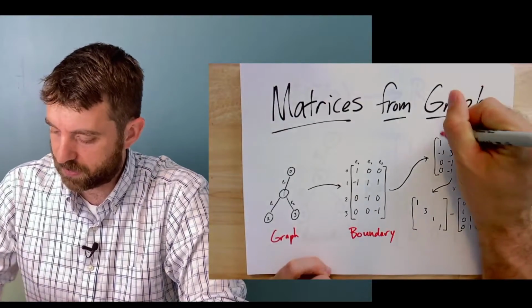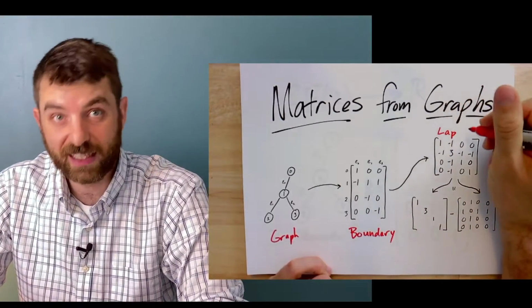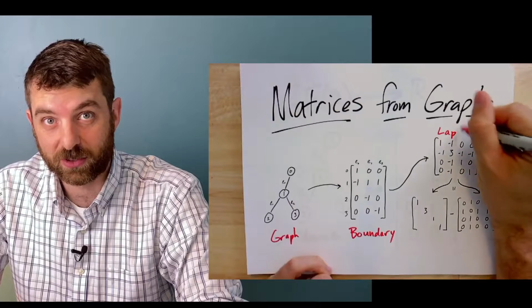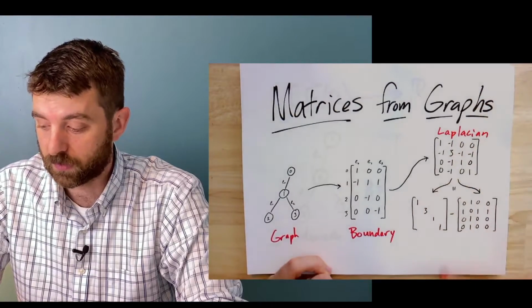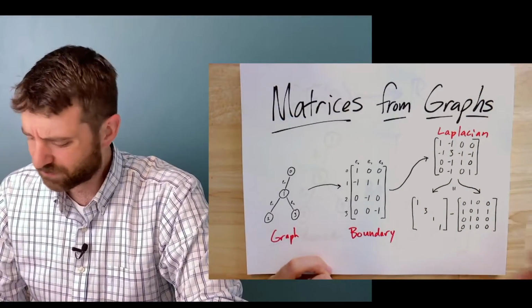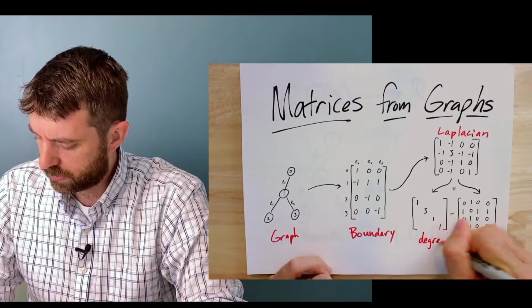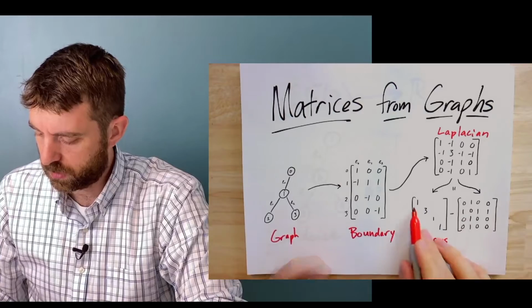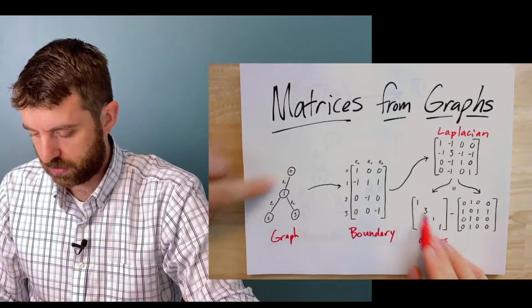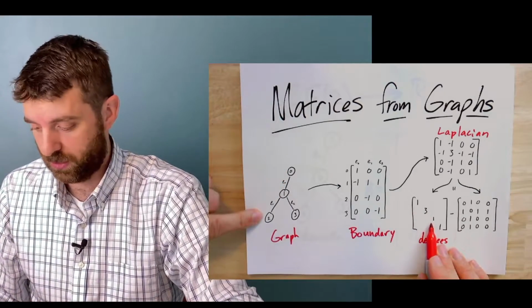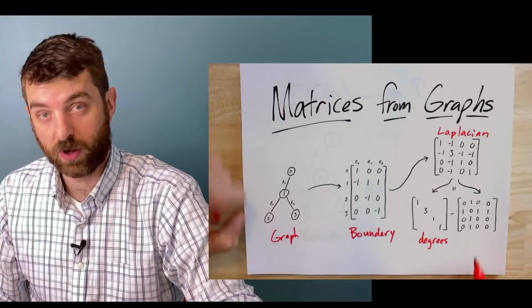They're going to be tremendously useful, really essential for us when working over the reals. And from this boundary matrix, we're going to get the most important matrix that you can associate to a graph, which is the Laplacian. And that Laplacian will turn out to just be related to the degrees of the graph. You can see that this is degree 1, degree 3, degree 1, degree 1.